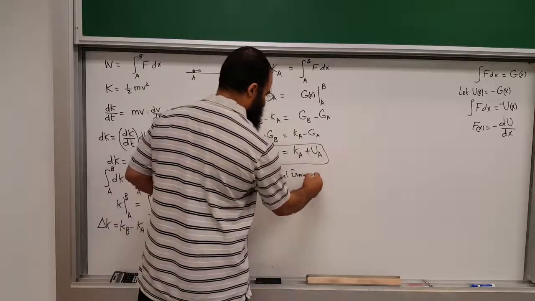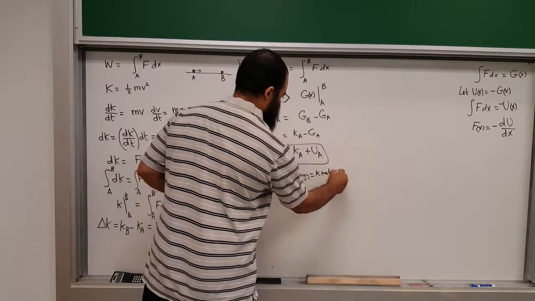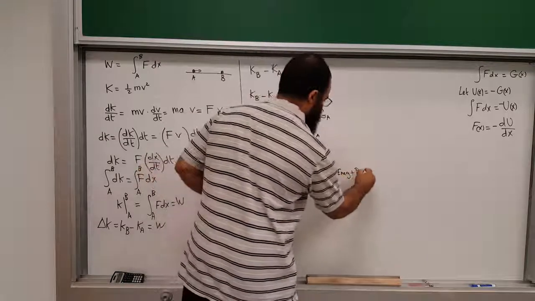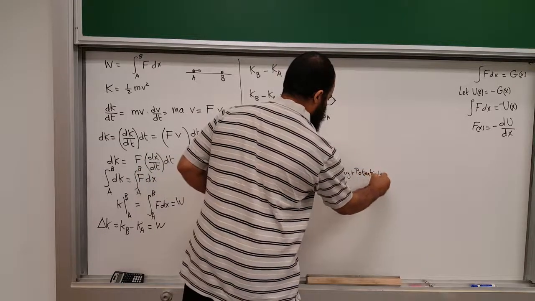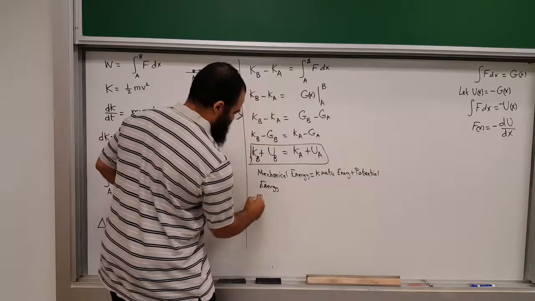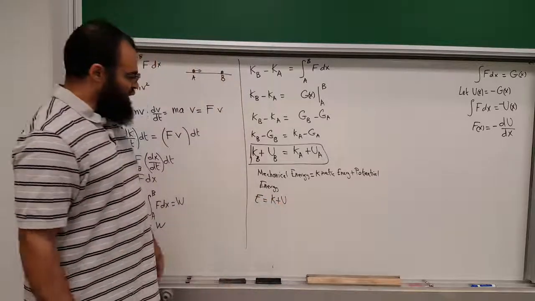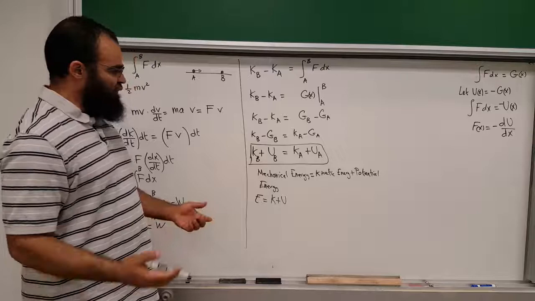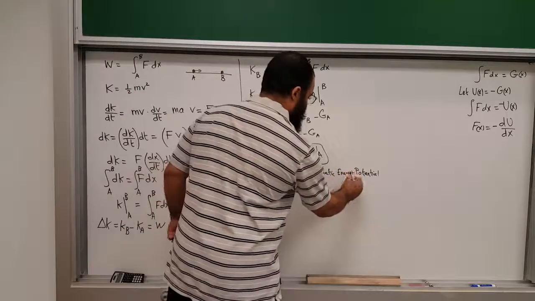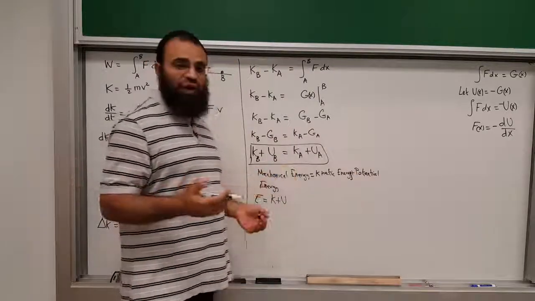What is mechanical energy? It is the kinetic energy plus the potential energy. And in symbols, it would be K plus U. That's the mechanical energy. The law of conservation of energy says the energy is always conserved, regardless of what happens.